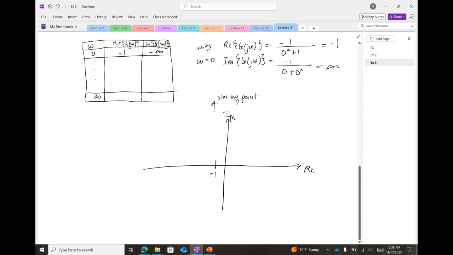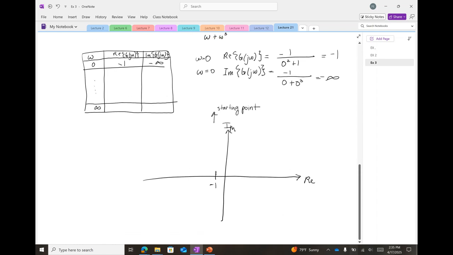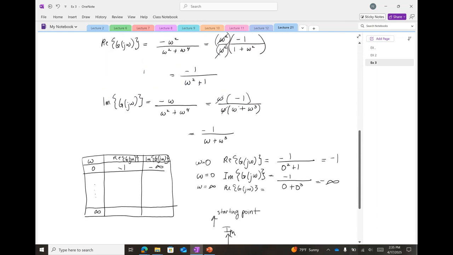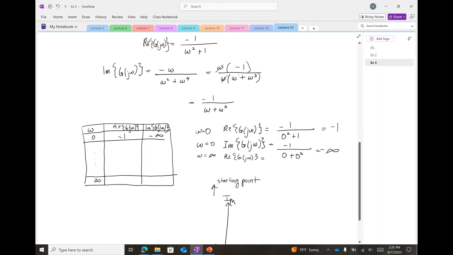Now let's compute for omega equal to infinity, and let's see if I have enough room. Our real part is going to be negative 1 divided by omega squared plus 1, so negative 1 divided by infinity plus 1.